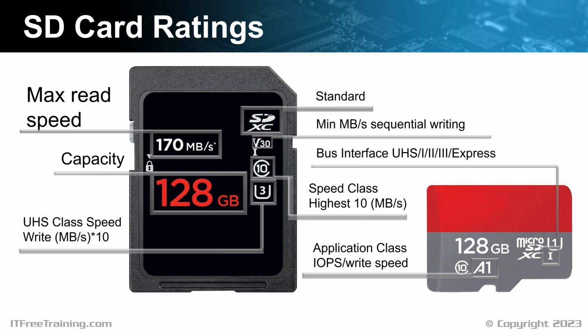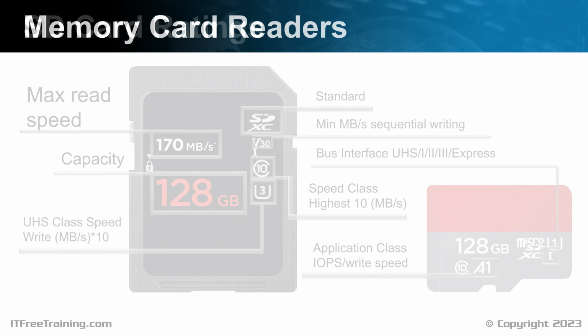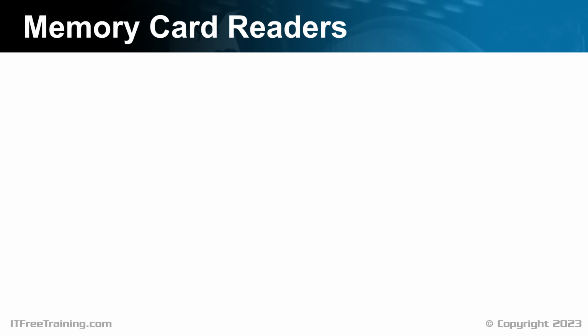Putting all that aside, if I was to purchase a microSD for a mobile device, I would consider using a microSD with an A1 or A2 rating since this is designed for that purpose. SD cards without those ratings I would use for devices that write a lot of sequential data, such as video cameras or digital cameras. The last topic I would like to cover in this video is memory card readers.